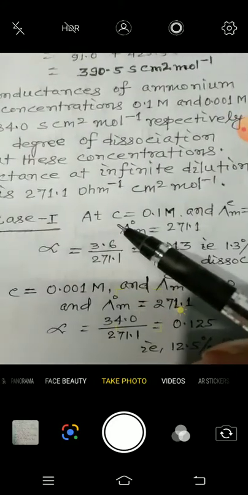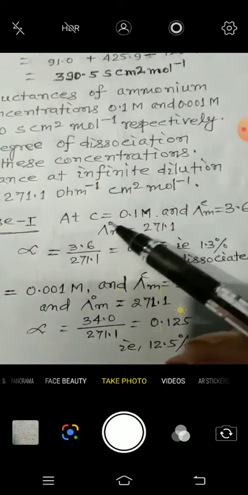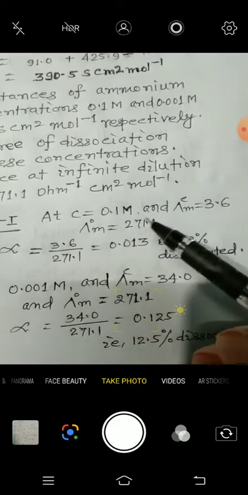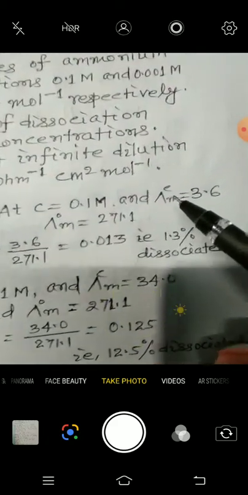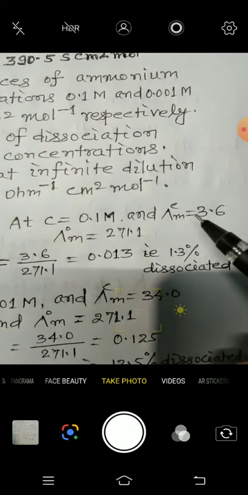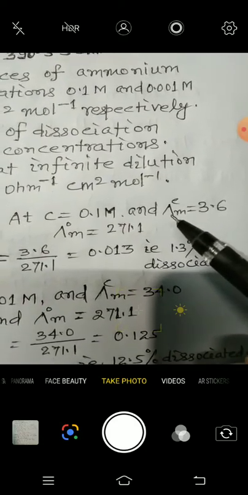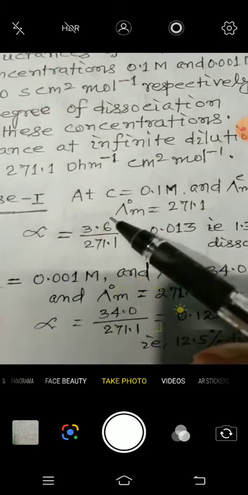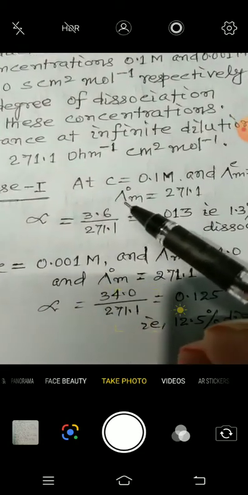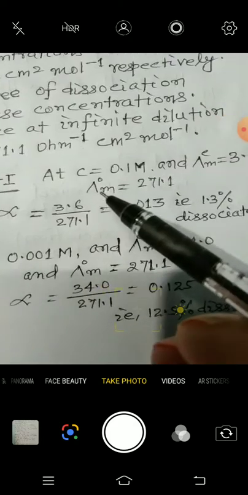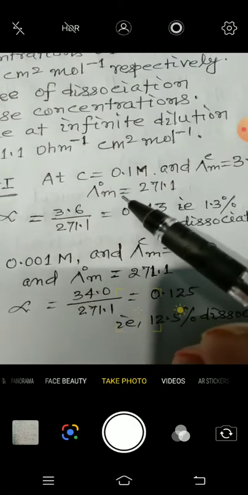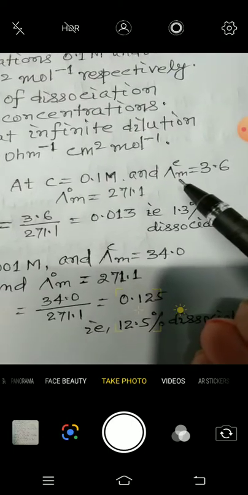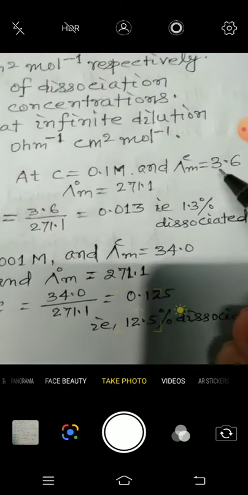So see here, this is your numerical, and this is another numerical in which the molar concentration of the electrolyte is given at any concentration. The molar conductivity at any concentration is given, and the limiting molar conductivity is also given.